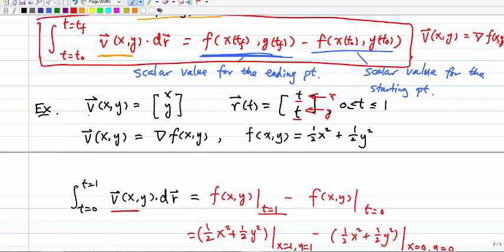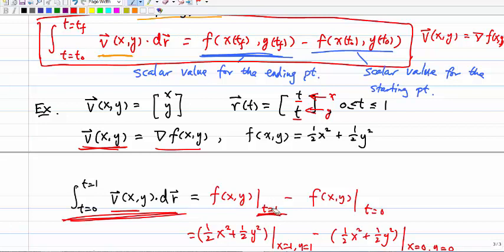Similarly for this one, V(x,y) is the same as the previous one. As I already said, V is equal to the gradient of f(x,y), which is one half x squared plus one half y squared. According to what we said, because V is a vector field that is the gradient of a scalar field, the line integral over the vector field is given by f at the ending point minus f at the beginning point, when t is equal to 0.